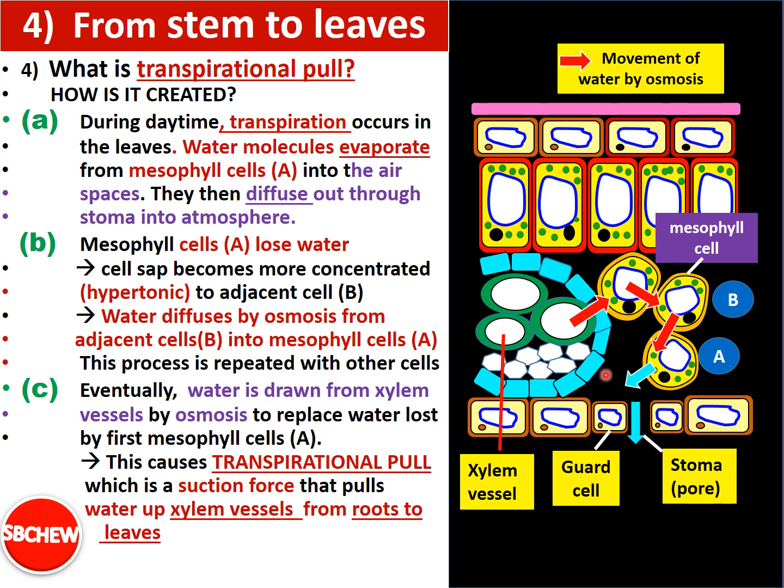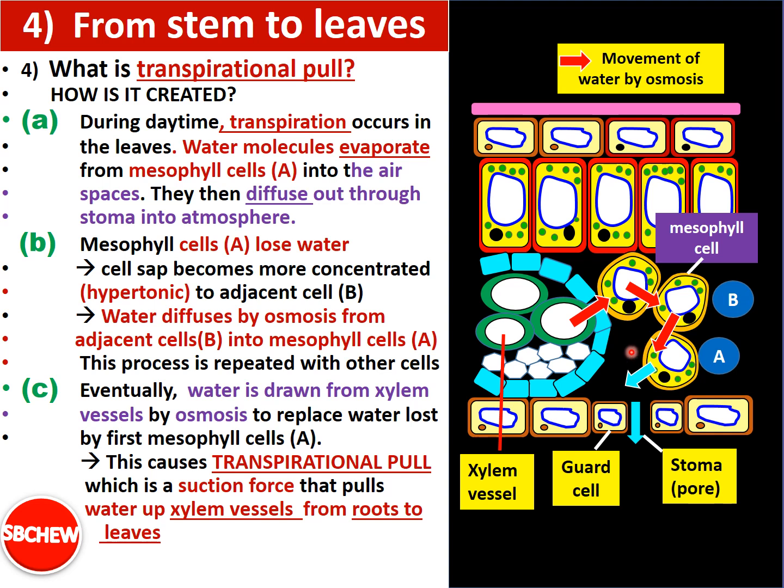Let's have a look at this picture of a leaf. Here are the palisade mesophyll cells, and the spongy mesophyll cells are below the palisade mesophyll cells. Let's look at one of these cells, A. During the day, transpiration occurs in the leaf and in this cell. Water from this cell will evaporate and become water vapor in the intercellular air spaces.